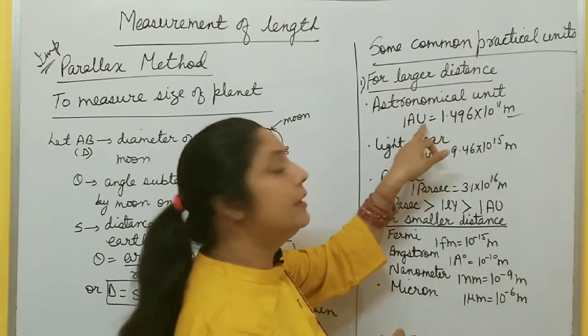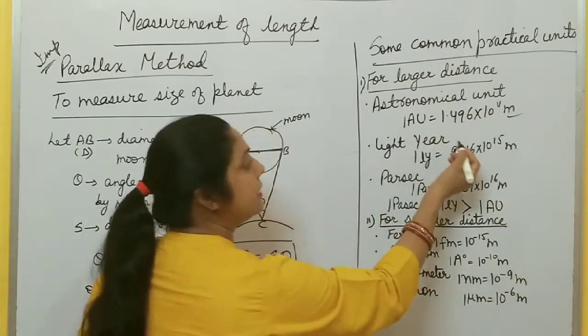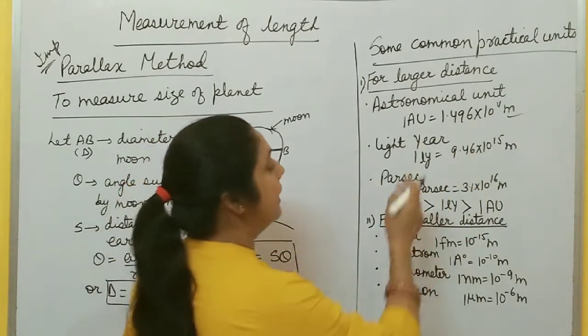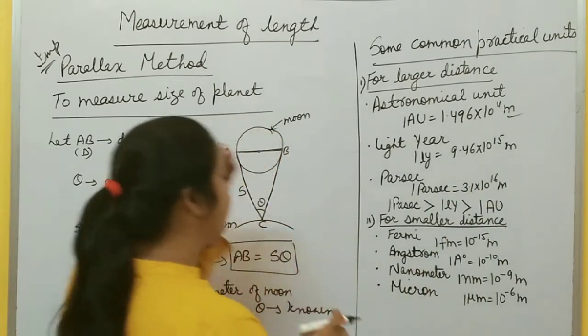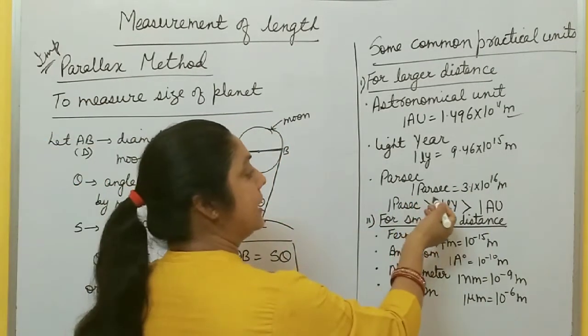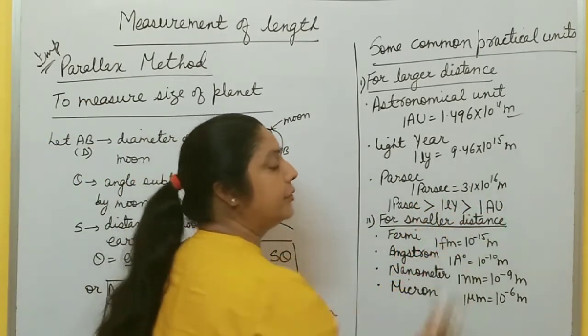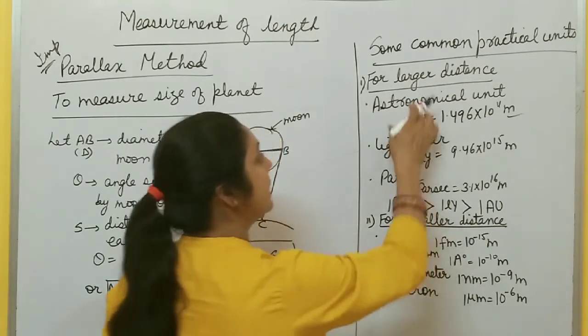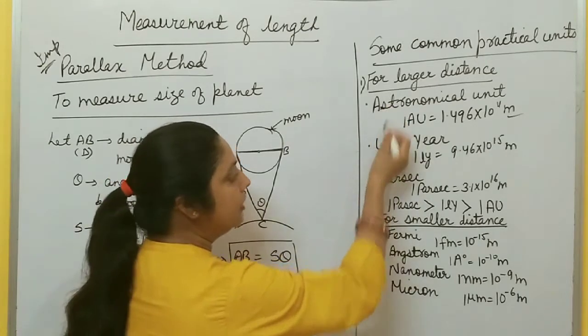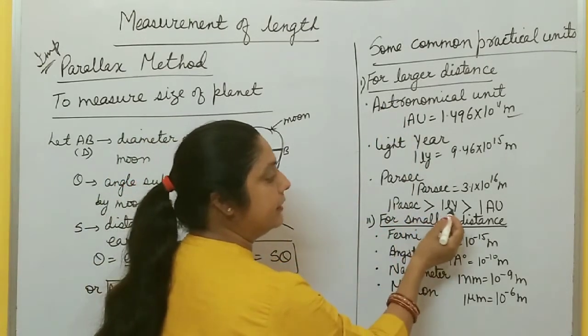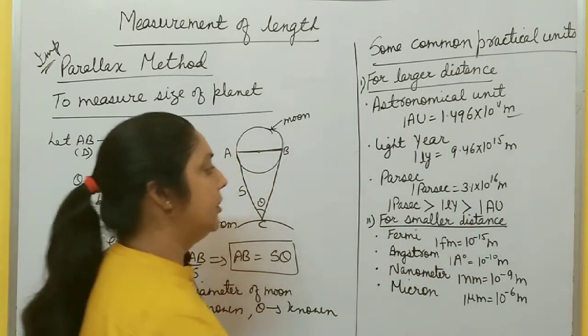Light year is the distance traveled by light in 1 year, and it is equal to 9.46 into 10 to the power 15 meter. Then the next one is parsec, and 1 parsec is equal to 3.1 into 10 to the power 16 meter. These are units for larger distance. Of all these three units, parsec is greater than light year, which is greater than astronomical unit, right?